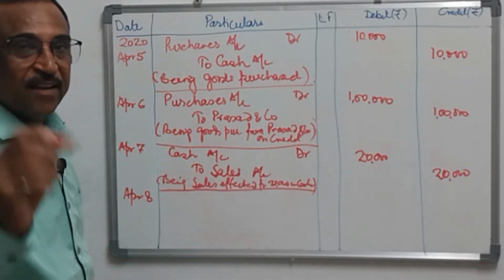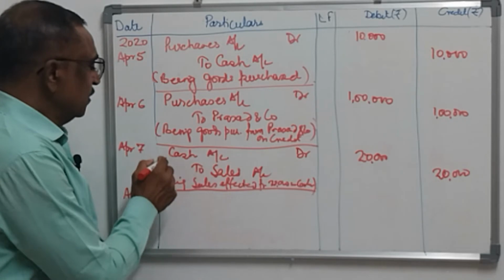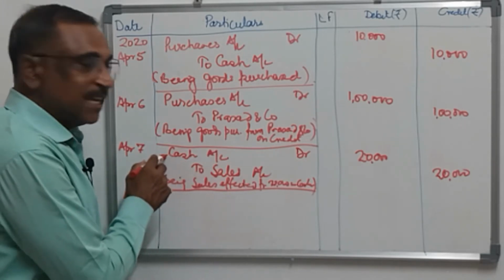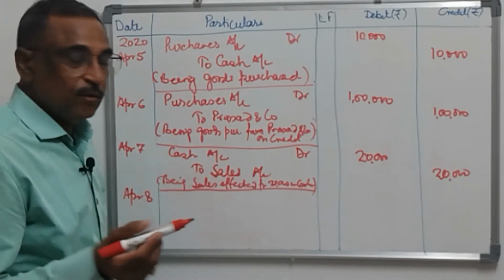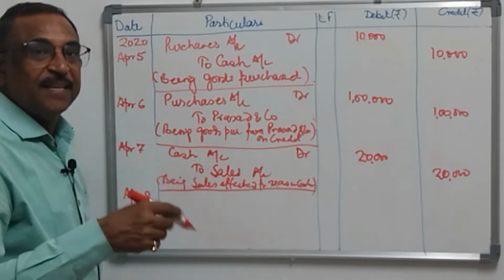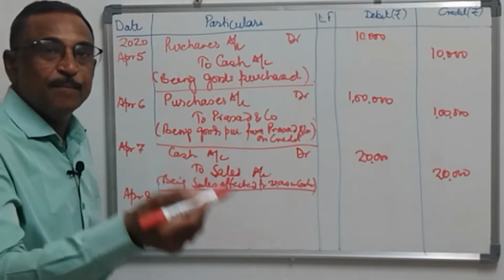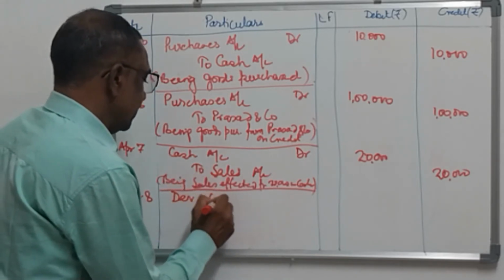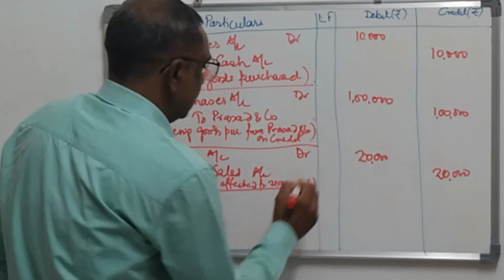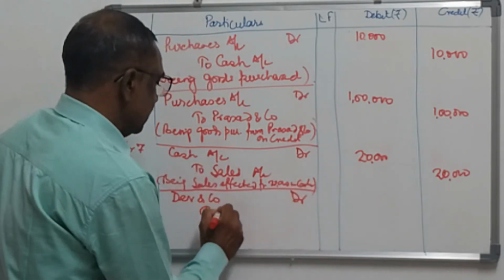Sold goods to Dev and Company. Now in the previous entry it was cash. Now you are selling goods on credit to Dev and Company. Debit the receiver. Dev and Company is a personal account. So we are going to debit Dev and Company and credit sales.